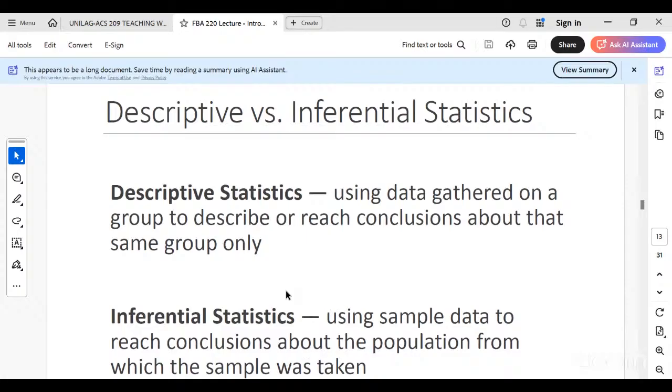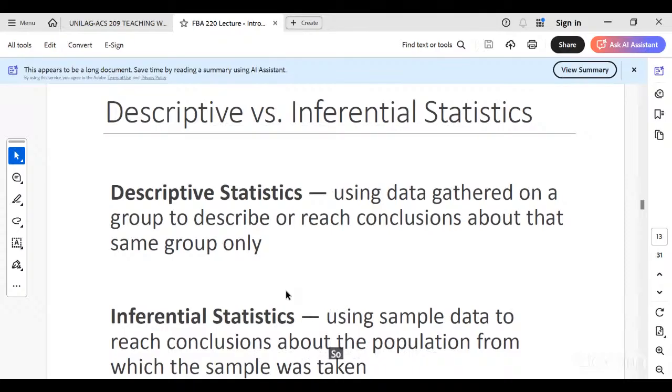However, if your interest is to generalize from the sample that you have on the entire population, then you are making inference. If your interest is to compute probabilities, to investigate the level of relationship, the extent to which one variable predicts the other, then you are interested in inferential statistics.